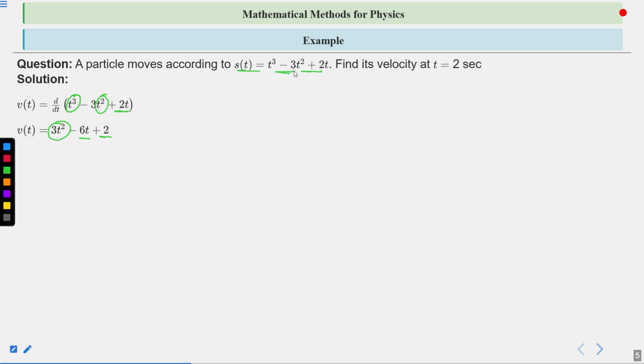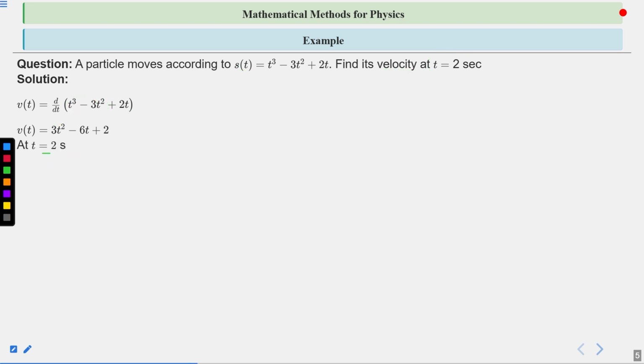Now, according to the question, we have to find the velocity, given that t is equal to 2 seconds. Yes or no? Next, substitute the value of t in this term. So, you will get the magnitude of v of t.